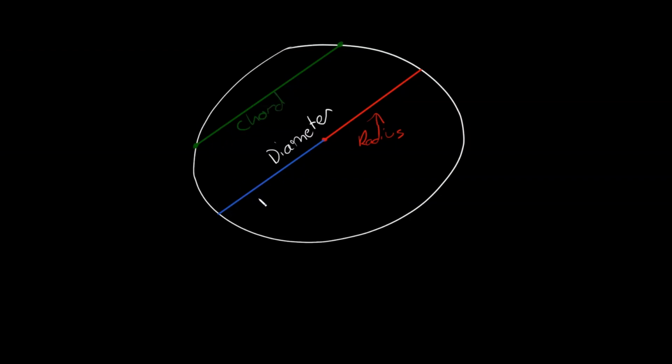And a chord is any line that goes from one point on the circumference of a circle to the other, but it does not go through the center. So from this point to this point could be a chord, right? Let me draw it as a straight line like this. Notice how it goes from one side to the other, but it does not intersect this center right here.